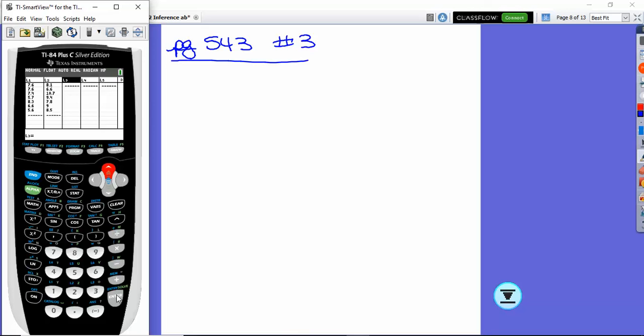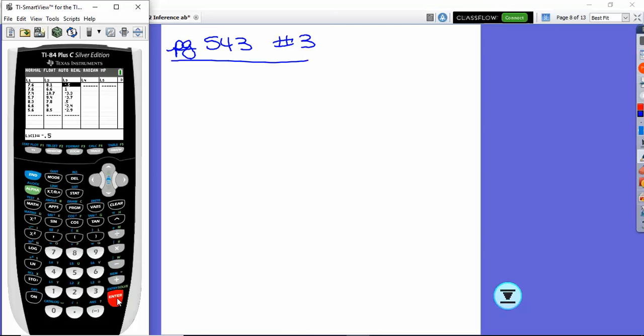All right, and then how can I quickly get the difference? You go up to list 3, and while you're on top of it, you do L1 minus L2.